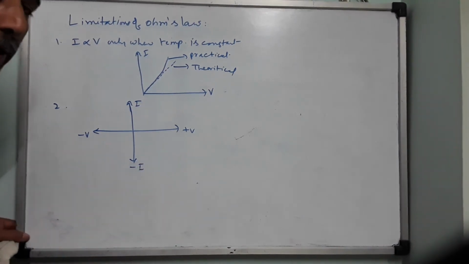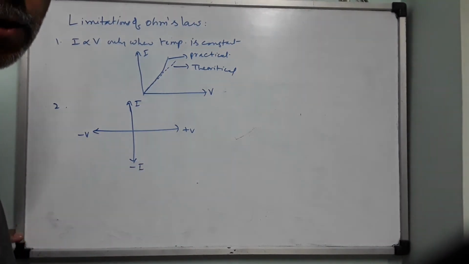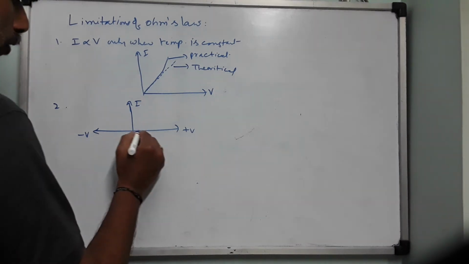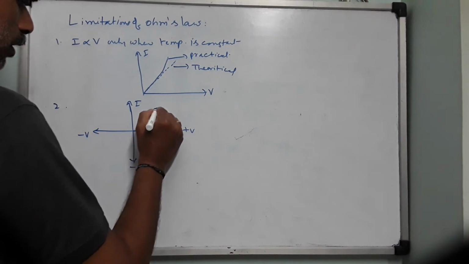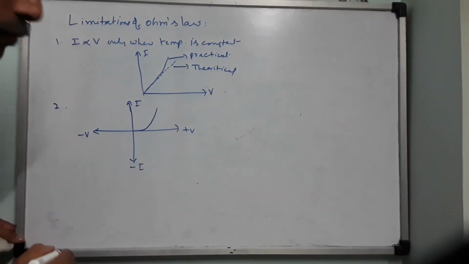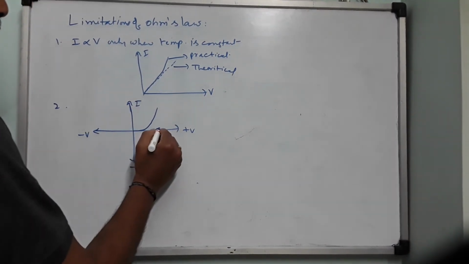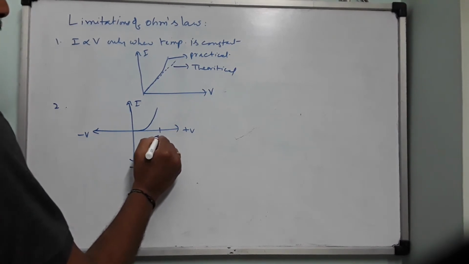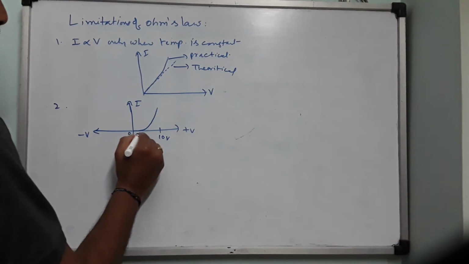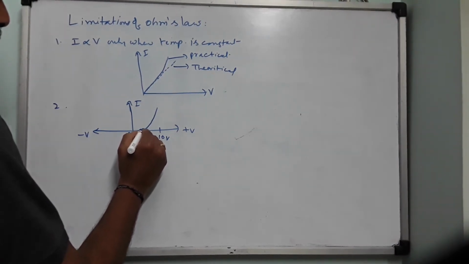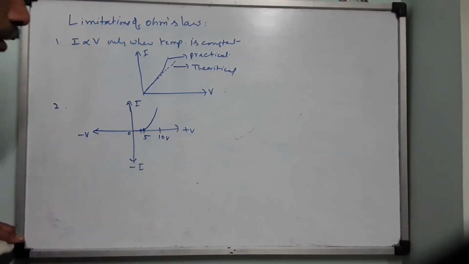There are certain devices called semiconducting diodes. If you increase the voltage up to a certain value, the current will be 0, and after that it will sharply increase. Suppose I obtained this graph up to about 10 volt, with 0 volt, then 5 volt, and this is 10 volt.